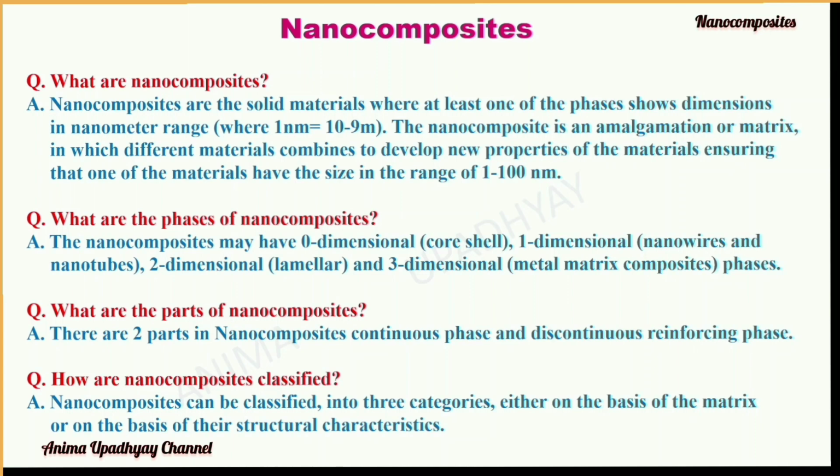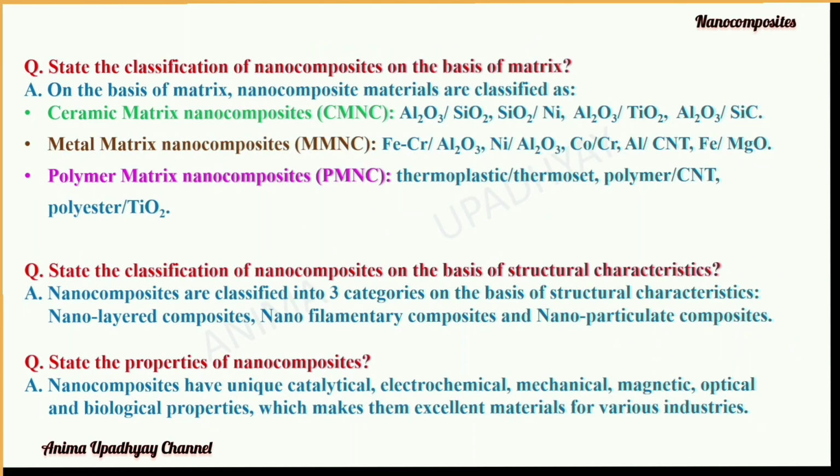How are nanocomposites classified? They are classified on the basis of either matrix or on the basis of their structural characteristics into three categories. State the classification of nanocomposites on the basis of matrix. On the basis of matrix, they are classified as ceramic matrix nanocomposites, CMNC, metal matrix nanocomposites, MMNC, and polymer matrix nanocomposites, PMNC.